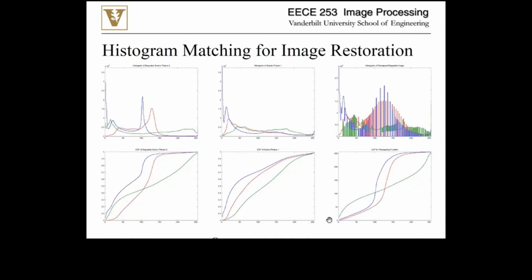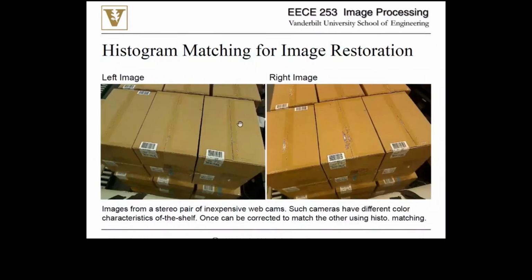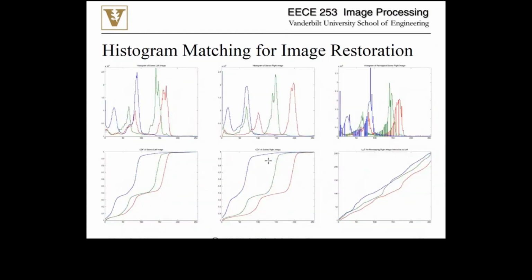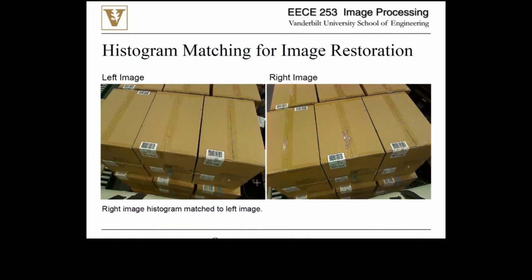And these are the different lookup tables, and now we have the result here. The information is the same, but now it looks more like it should. And the same for this set of boxes, with all the different histograms and lookup tables, and then the result.